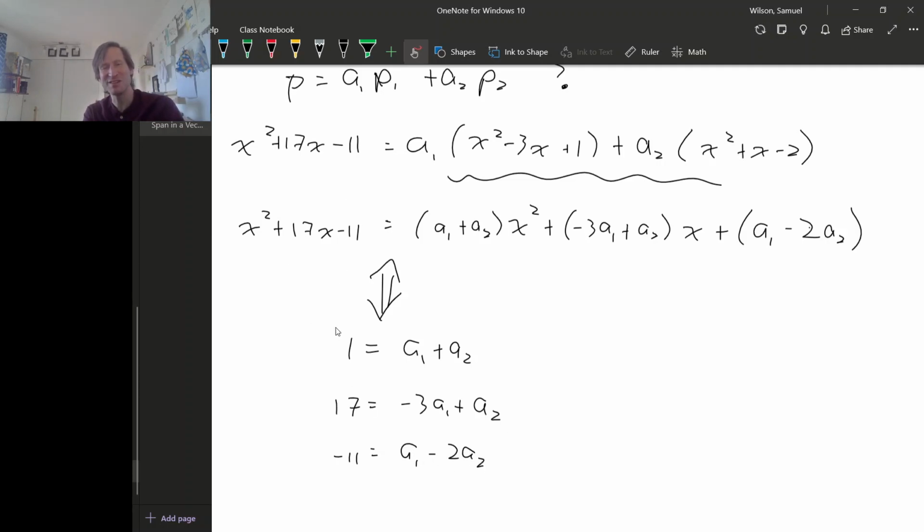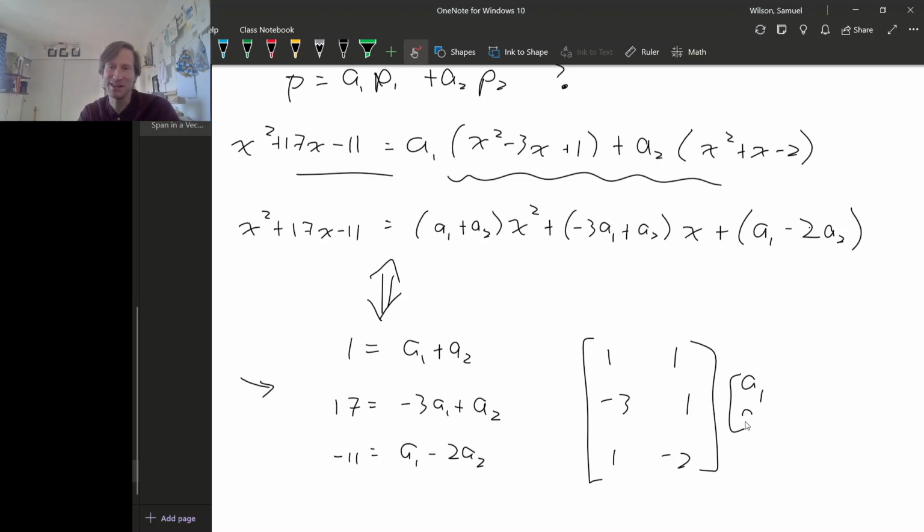So now you can see we've replaced this question about polynomials with a system of linear equations, and we're really good at solving systems of linear equations. In fact, we could rewrite this system using a matrix: [1, 1; minus 3, 1; 1, minus 2] times (A1, A2). We want to know, is there some solution where the right-hand side is (1, 17, minus 11)?